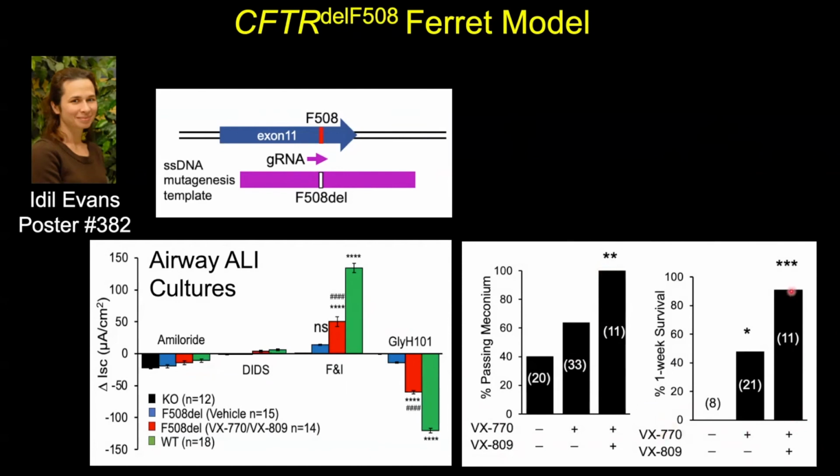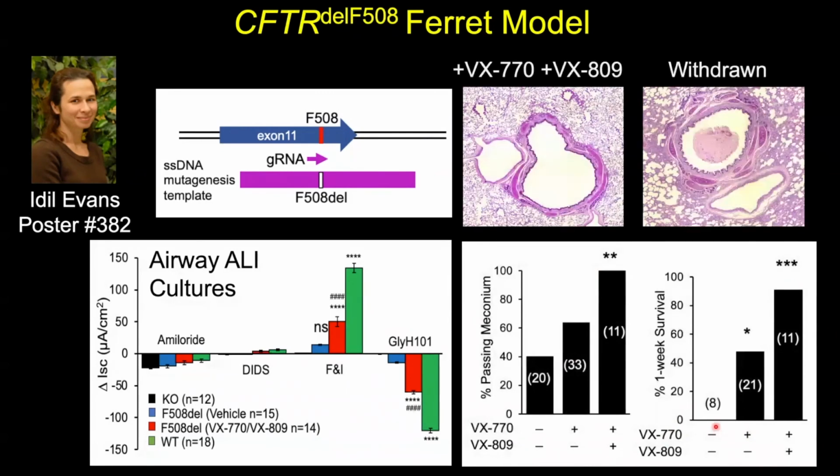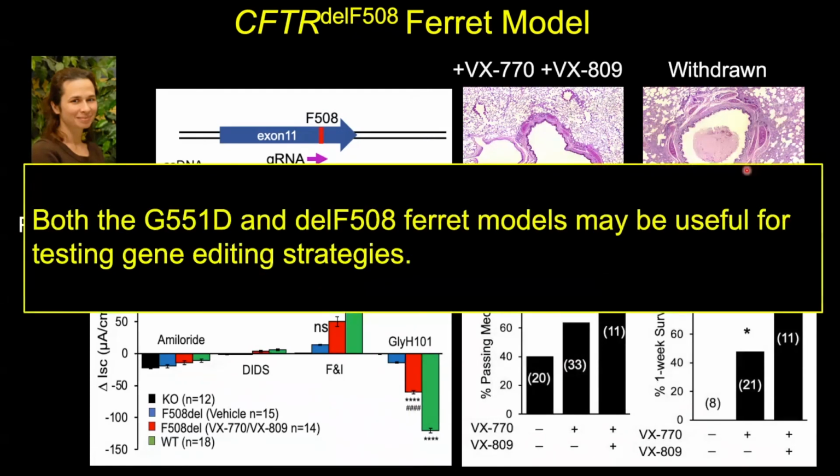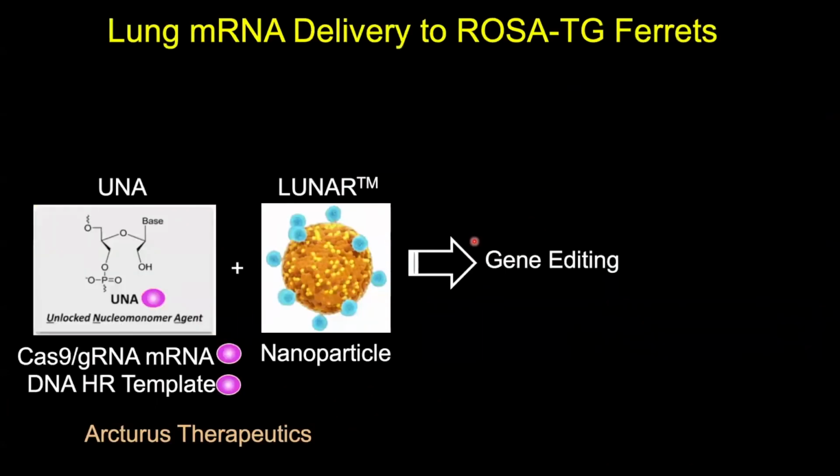And the survival postnatally when maintained on these drugs is significantly enhanced from those that are untreated. And importantly, animals maintained on VX770 and 809 are free from lung disease, but once withdrawn, they develop airway mucus obstruction. So both the G551D and Delta F ferret models may be useful for testing gene editing strategies.